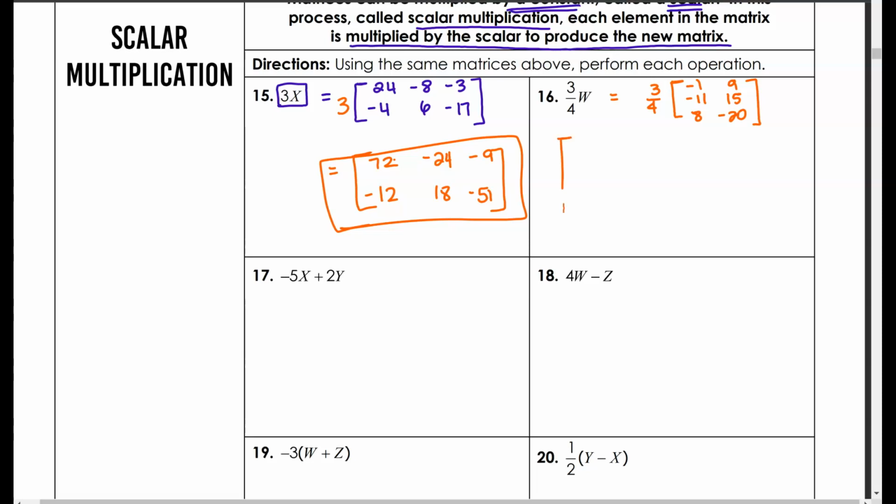So I would end up with negative 3/4, negative 33 over 4, 6, 27 over 4, 45 over 4, and negative 15.